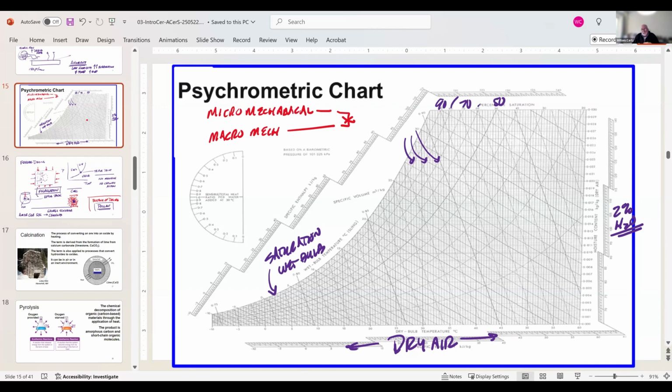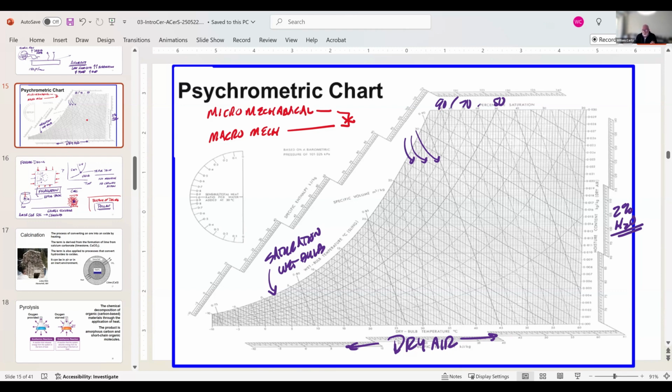But there's too many variables: particle size distribution, particle packing uniformity, dissolved salts in the system, presence of organics, the strength of the network, and so on. Those are all problems here. The macro mechanical model is, how fast can I evaporate water from the surface of my system? If I can evaporate water sufficiently fast, then I can speed up my drying process.